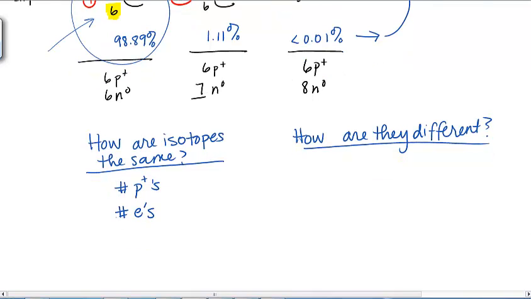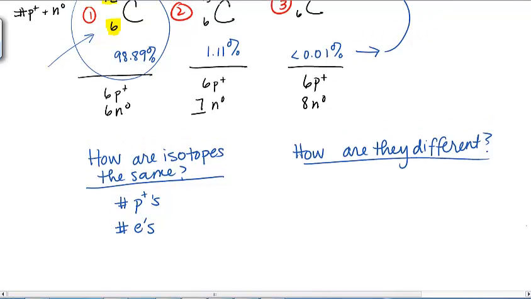But something that a lot of people don't realize is even though they have different numbers of neutrons, their chemical properties are the same. One carbon atom acts like another. It doesn't really matter that it has an extra neutron or not. It still reacts in the same way. So its chemical properties are the same.